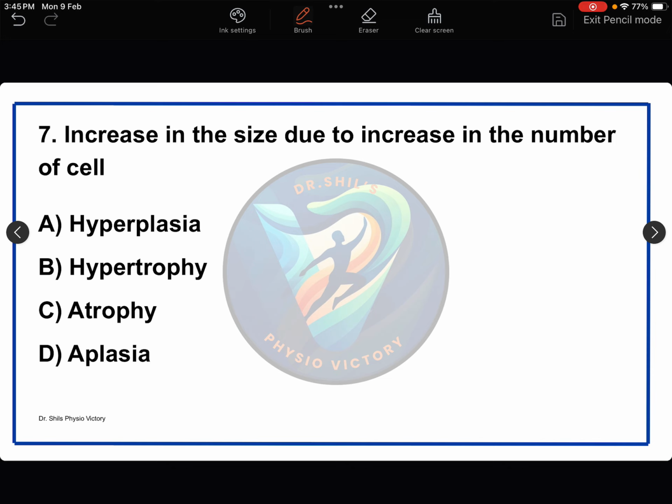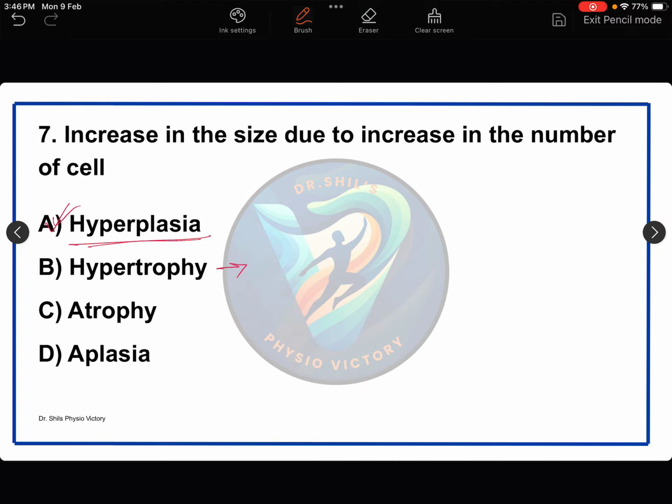Next come to question number 7. Increase in the size due to increase in the number of cells is option A hyperplasia, option B hypertrophy, option C atrophy, and option D aplasia. Here the correct answer is option A hyperplasia. Hyperplasia is increase in the number of the cell, basically seen in endometrium.